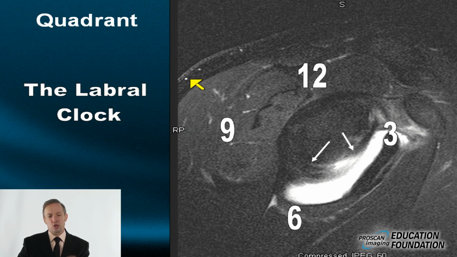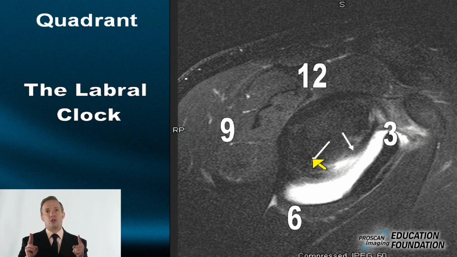In the sagittal projection, we'll often look at the phenomena of macro instability by quadrant or by clock. Typically, the lower numbers on the clock are anterior, the higher numbers on the clock are posterior. This is the site of the labro-ligamentous injury. So we might say that the injury begins just a little past 3 o'clock and continues on to 6 o'clock.